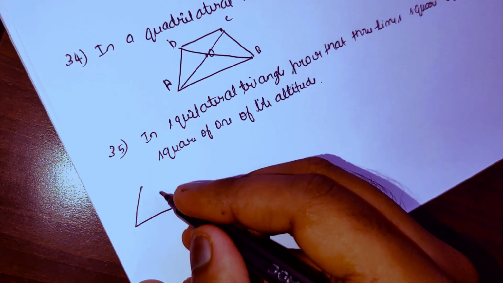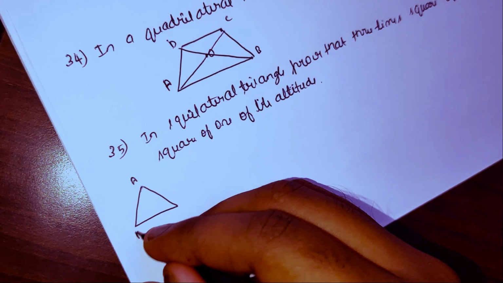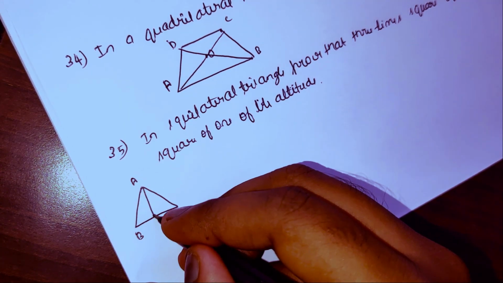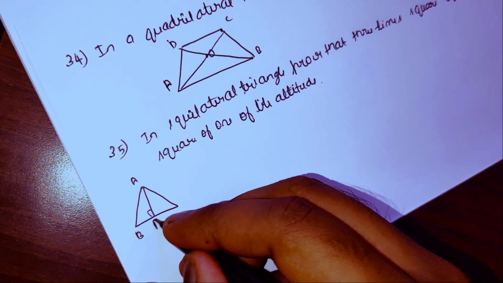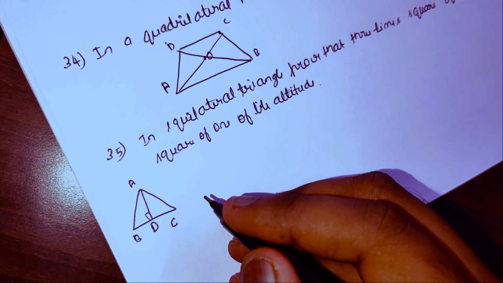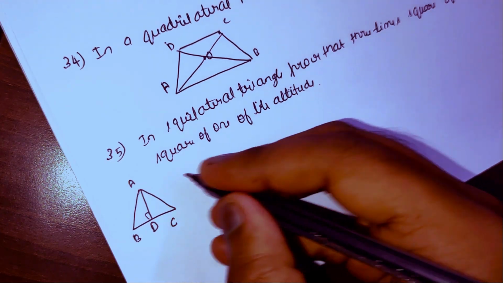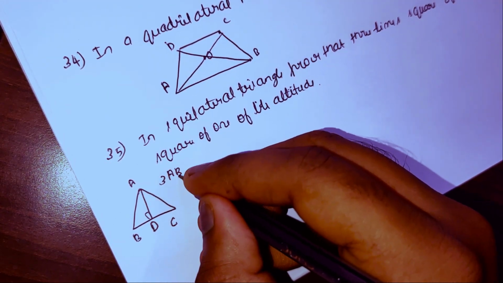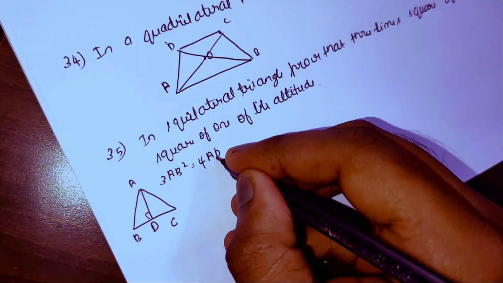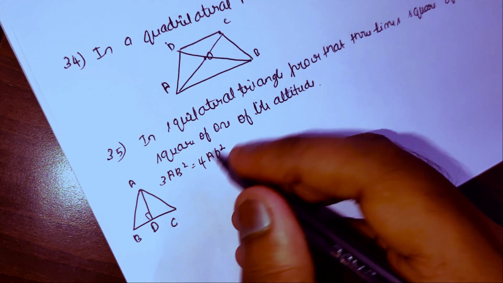We'll take an equilateral triangle here, ABC. This is the right angle, D. You have to prove 3AB square is equal to 4AD square. That is given in the question.